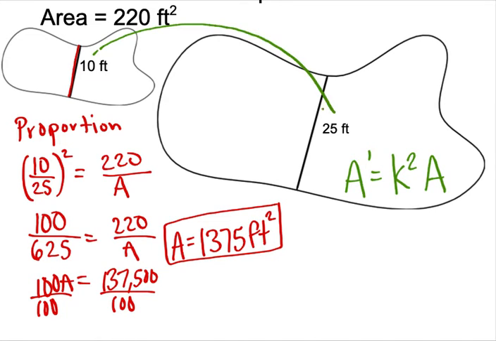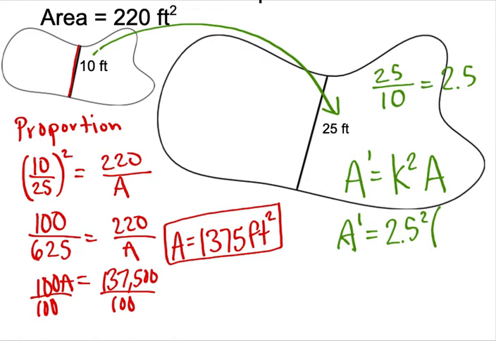The scale factor getting from 10 to 25 is the image size, 25, divided by the pre-image size, 10, or 2.5. So the new area, the image area, will equal the scale factor, 2.5, squared, times the original area, 220.